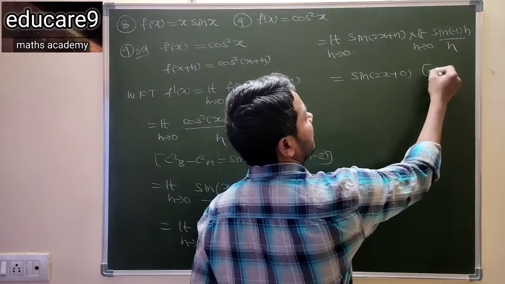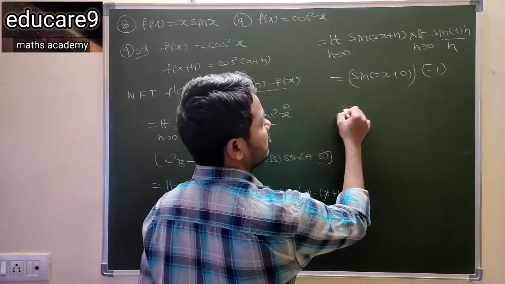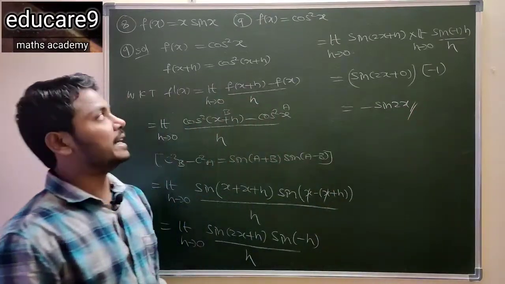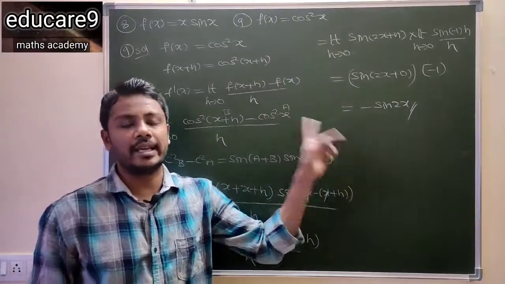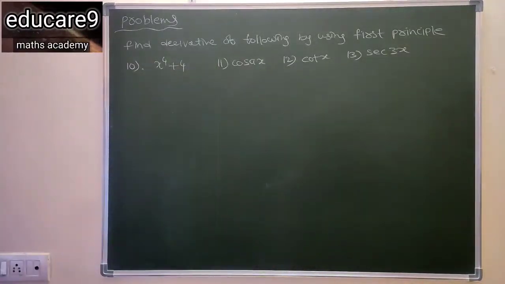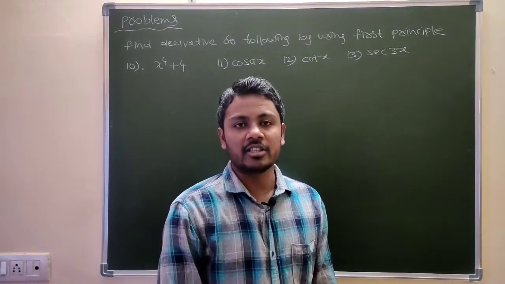So the answer is minus 1. Okay. So therefore this is what? Minus sin 2x. So this is the derivative of cos square x. So try to solve these questions. For the next session we will discuss more concepts.